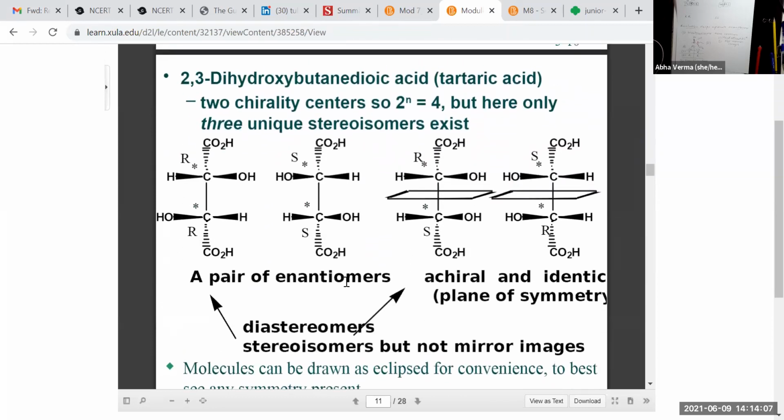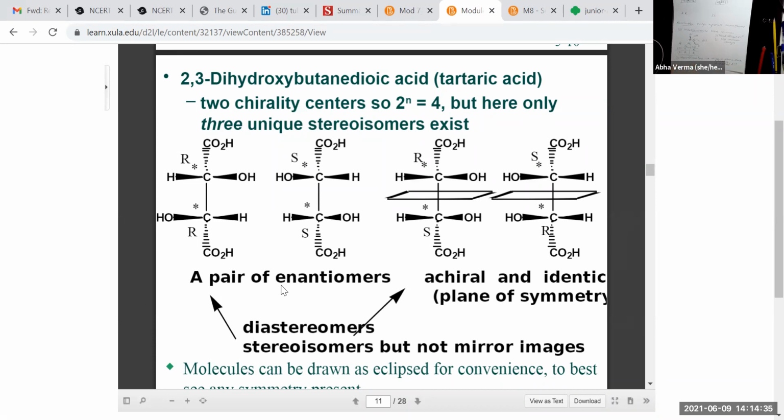A meso structure occurs within the same structure. So within the same structure, you will have achirality. And just like diastereomers, this also needs at least 2 chiral centers.